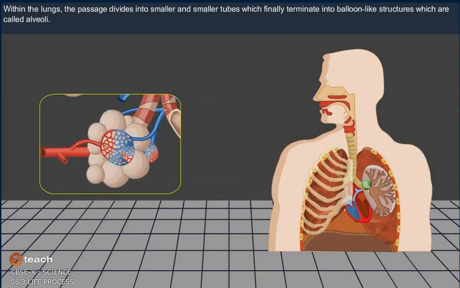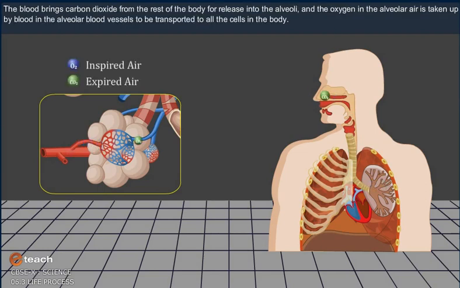Within the lungs, the passage divides into smaller and smaller tubes which finally terminate in balloon-like structures called alveoli. Blood brings carbon dioxide from the rest of the body for release into the alveoli, and the oxygen in the alveolar air is taken up by blood in the alveolar blood vessels to be transported to all the cells in the body.